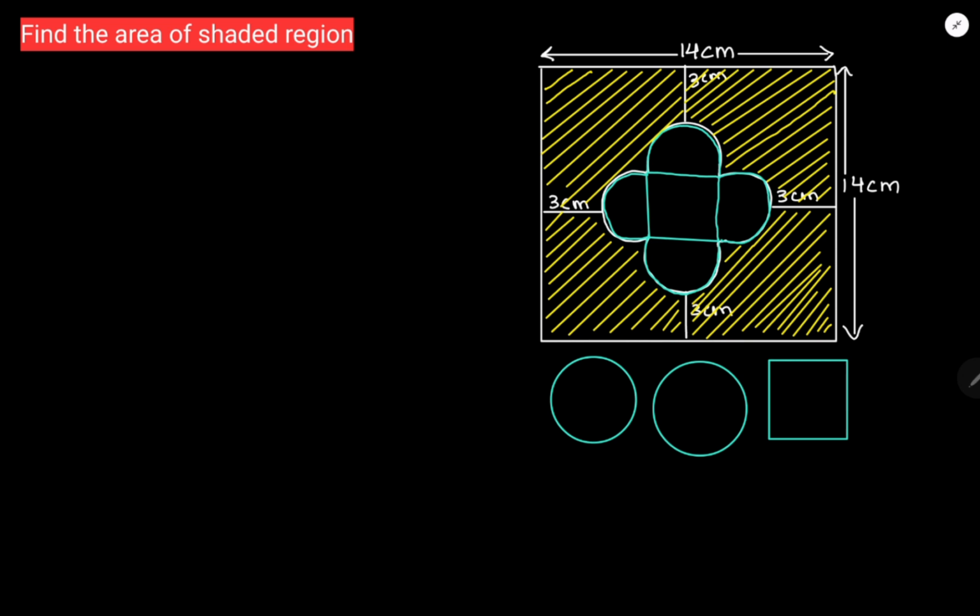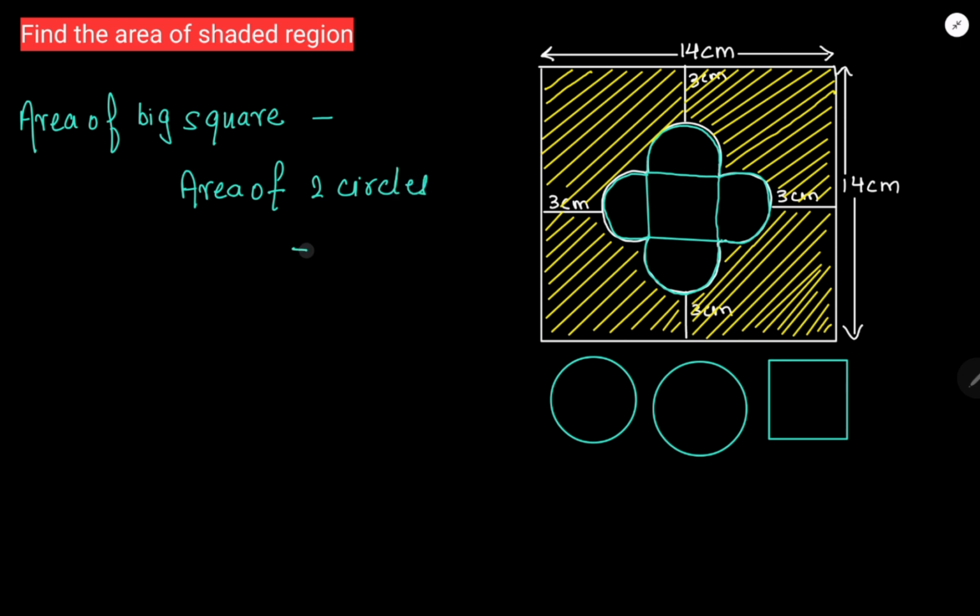So if I find the area of the big square, and then I subtract the area of 2 circles and the area of the small square, then I will get the required area, this shaded area.